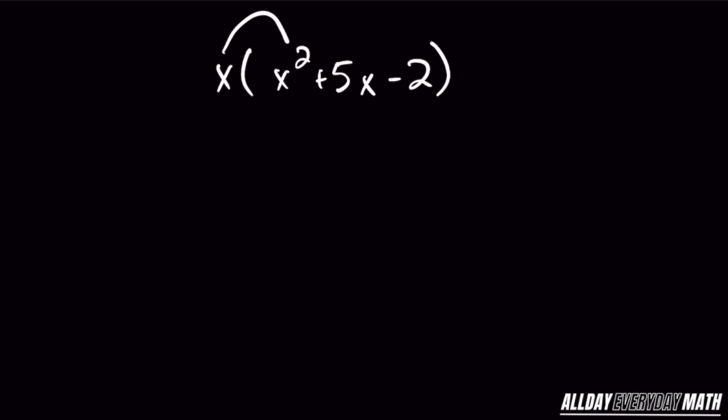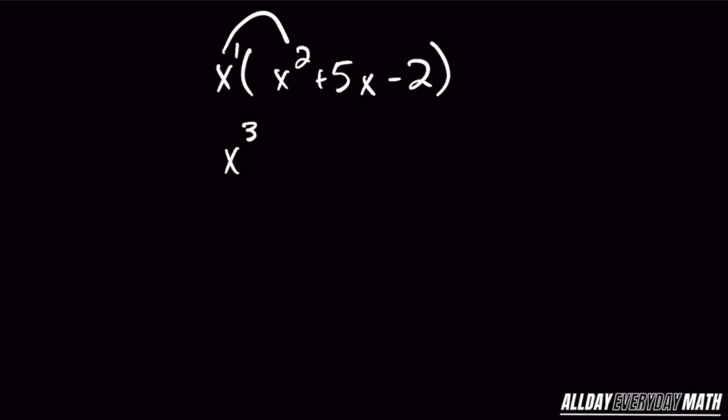To start off, we have x times x squared. Remember, there's really an understood 1 as an exponent on that x, okay? So knowing our laws of exponents, all we do is add the exponents. And so that's going to be x to the third power, or x cubed.